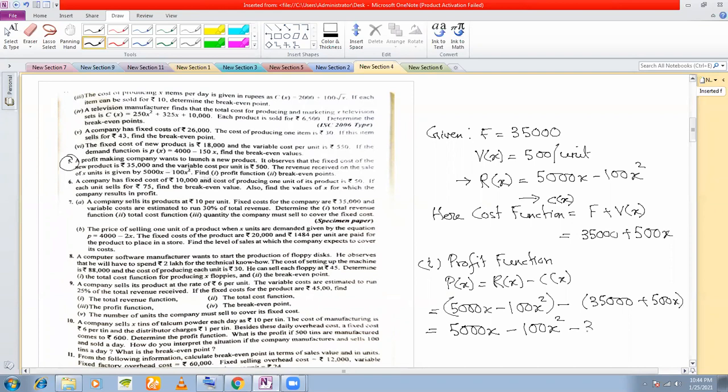Minus 35,000 minus 500x. So how much are we getting? Minus 100x square plus 4500x minus 35,000. This is your profit function.